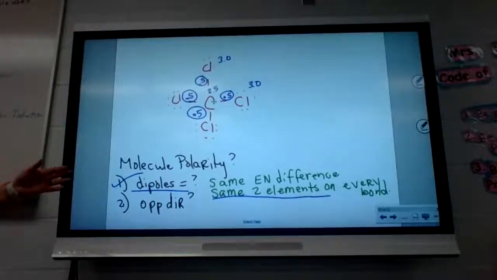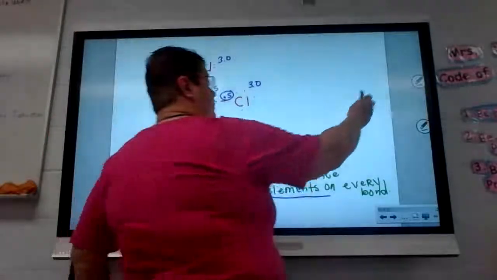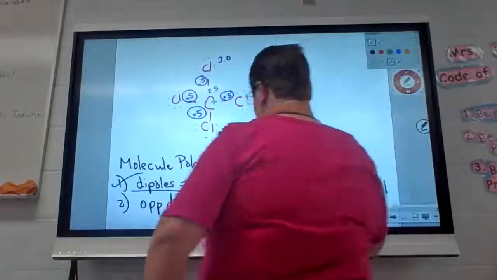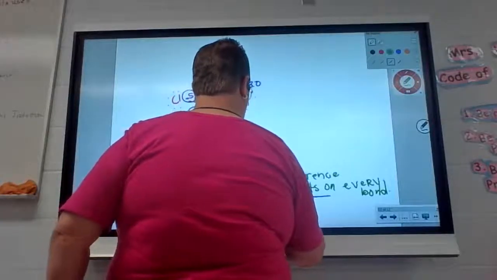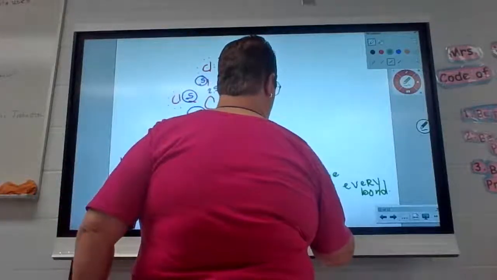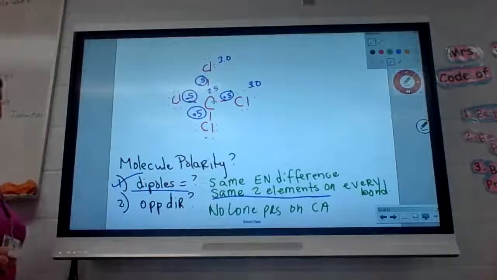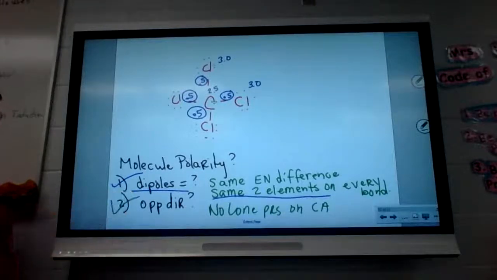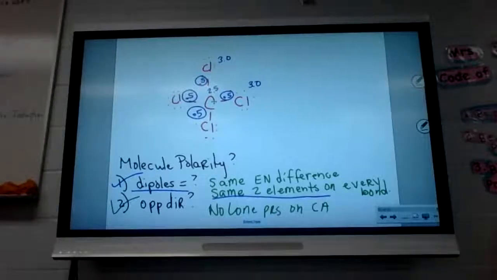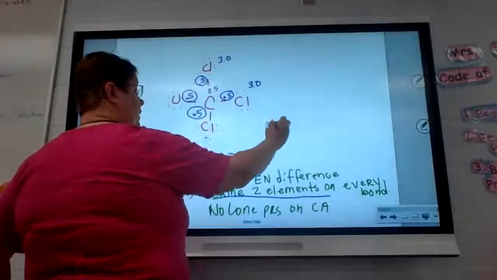Now, in order to figure out if they go in opposite directions, as long as they have no lone pairs on the central atom, they go in equal and opposite directions. Okay? Do we have any lone pairs on the C? What kind of molecule is it? It's nonpolar.